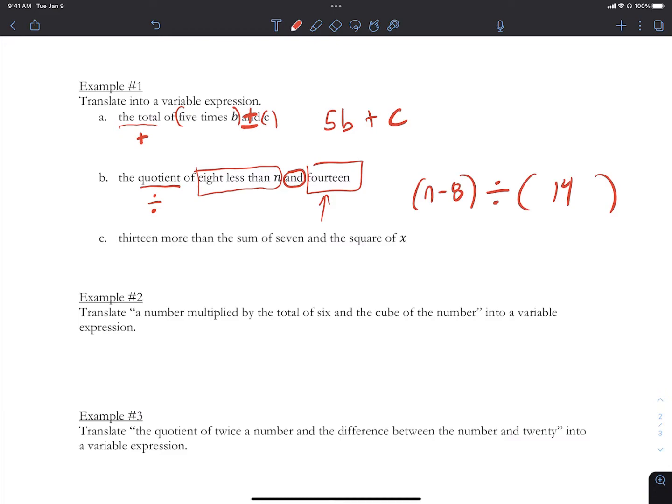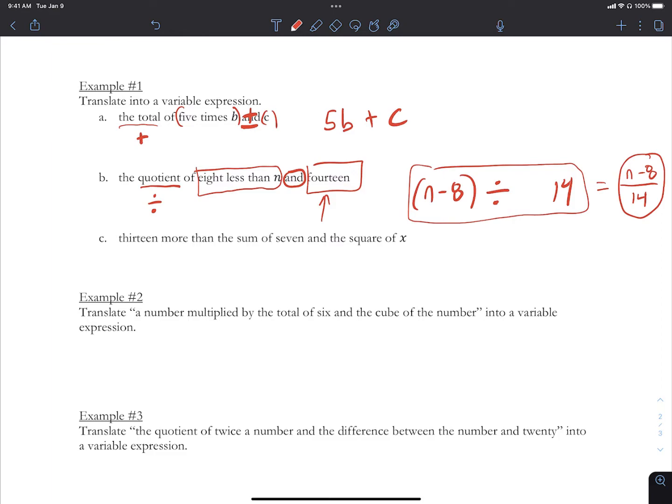Since the denominator just has one set of parentheses, I could actually get rid of those parentheses and that would be fine. You could also write this as a fraction, n minus 8 over 14, and that would be perfectly fine. So either one of those.